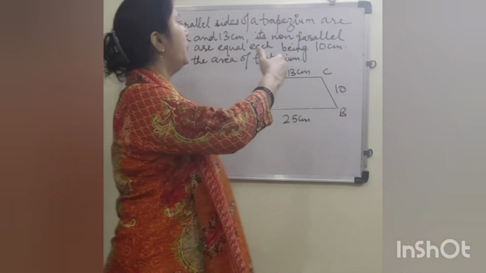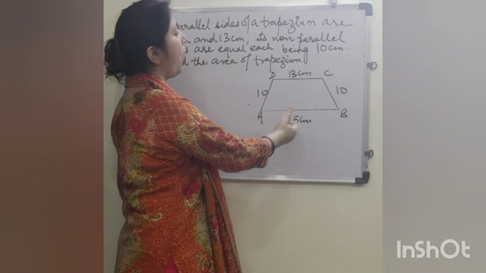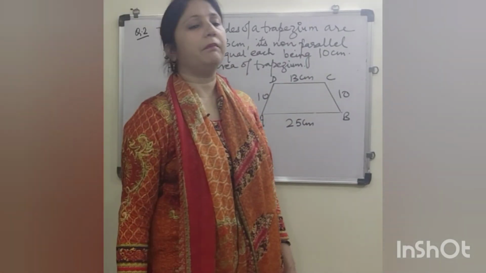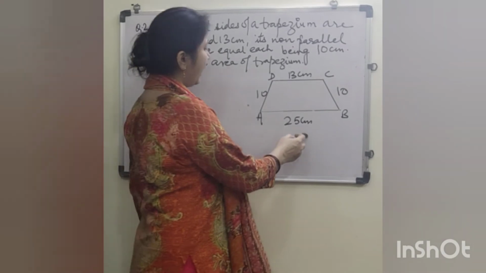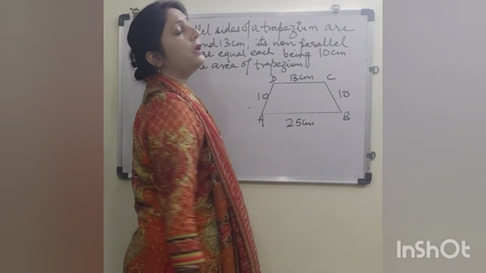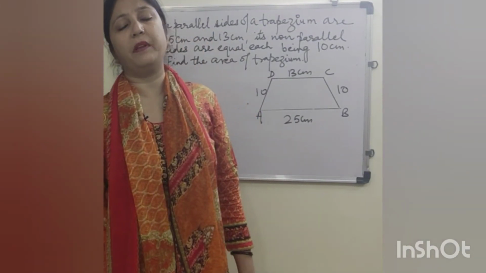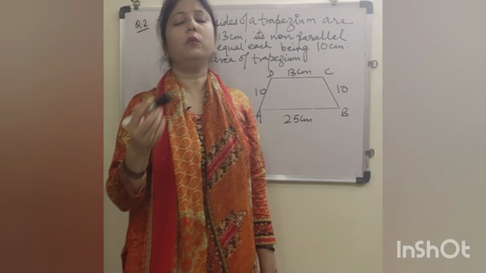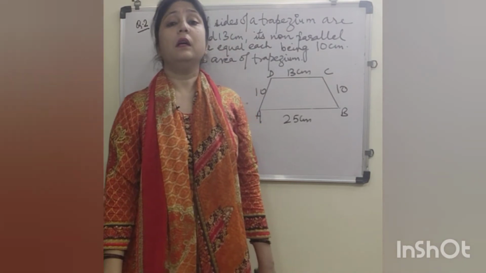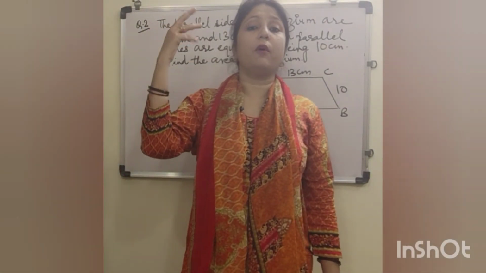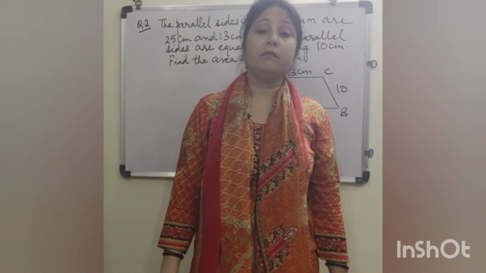Now here is a question where you are given all four sides of a trapezium, parallels as well as non-parallels. Non-parallels are equal, so it is an isosceles trapezium. You have to calculate its area. Again you recall the formula of the area of a trapezium.